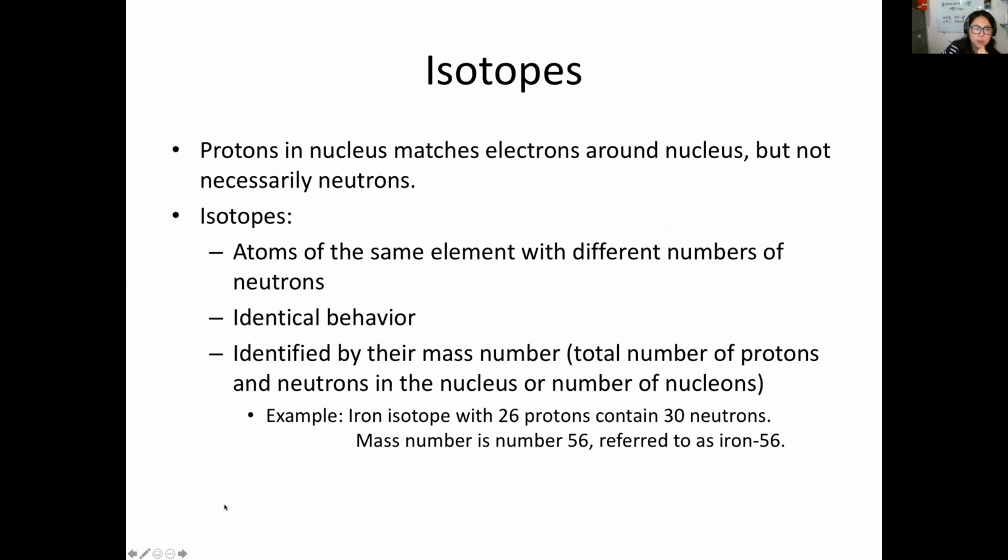So isotopes means that the number of protons is the same as the number of electrons, just a different number of neutrons. Therefore, it's still the same element.